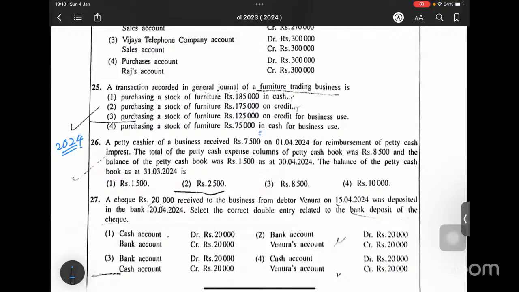So here they are saying a petty cashier of a business received 7,500 on 1st April 2024. He has received 7,500 for reimbursement.